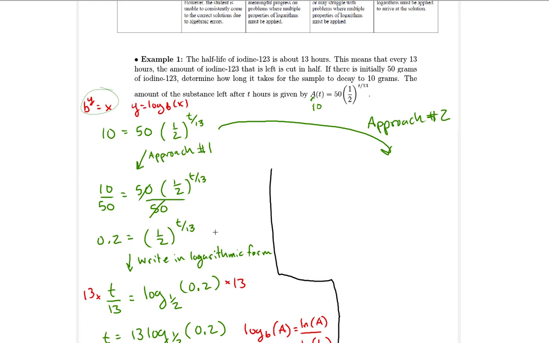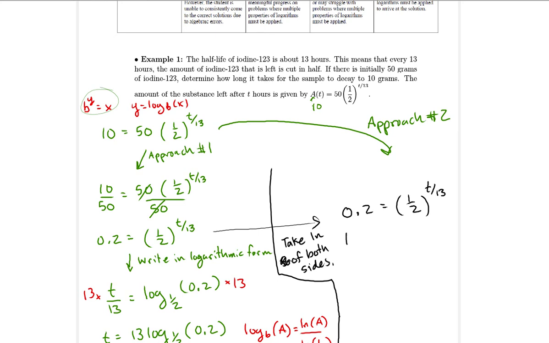It starts the same as the other one in that I want to get the exponential expression by itself if I can. But what I'm going to do in the next step is take the natural log of both sides.